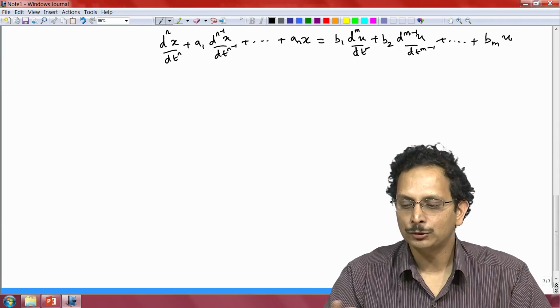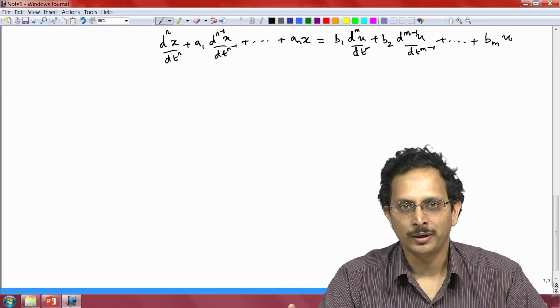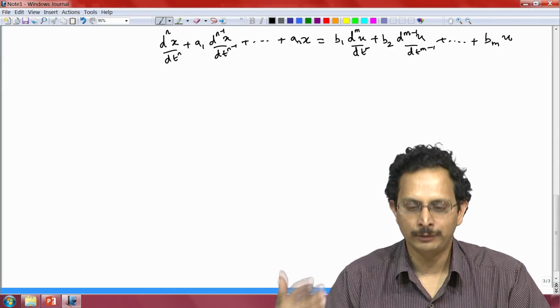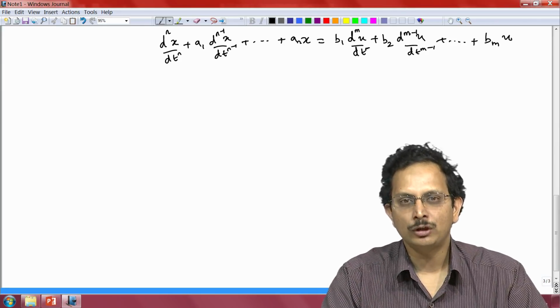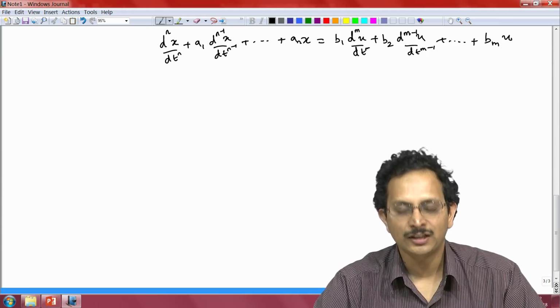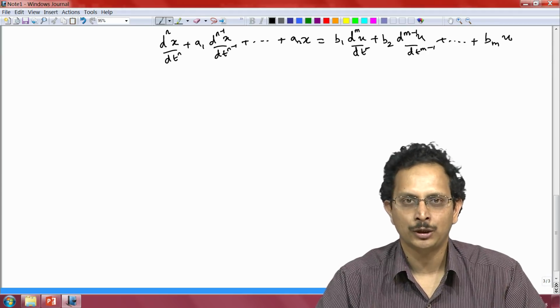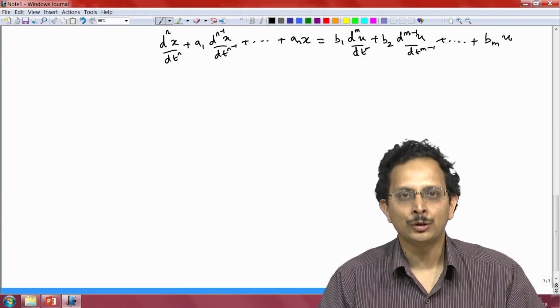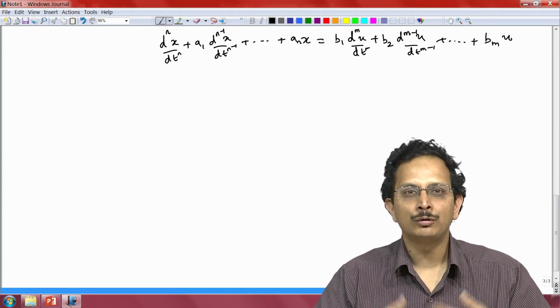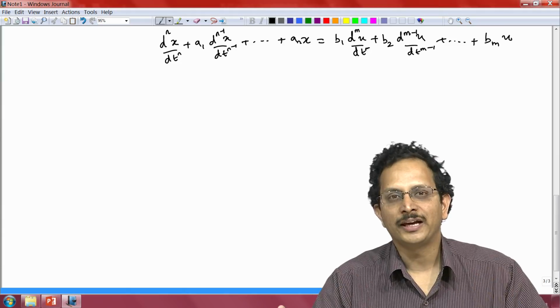Of course, as control engineers, we are interested to know how these physical systems behave in response to certain inputs u, and that is what we will be looking at in the next video clip. But before we get to that, I want to point out that it is not sufficient to simply state the differential equation that relates the input and output. One also has to specify the initial conditions to be able to derive mathematically how the output would look for a given input.